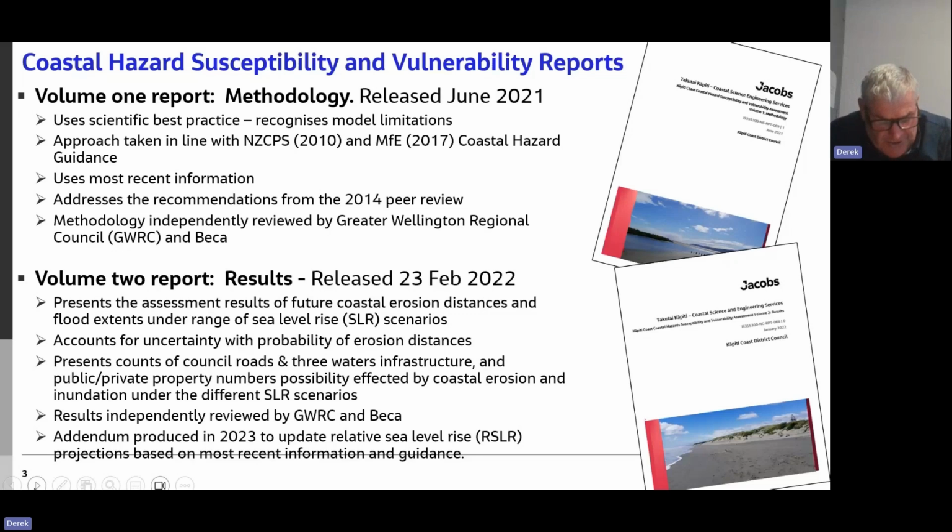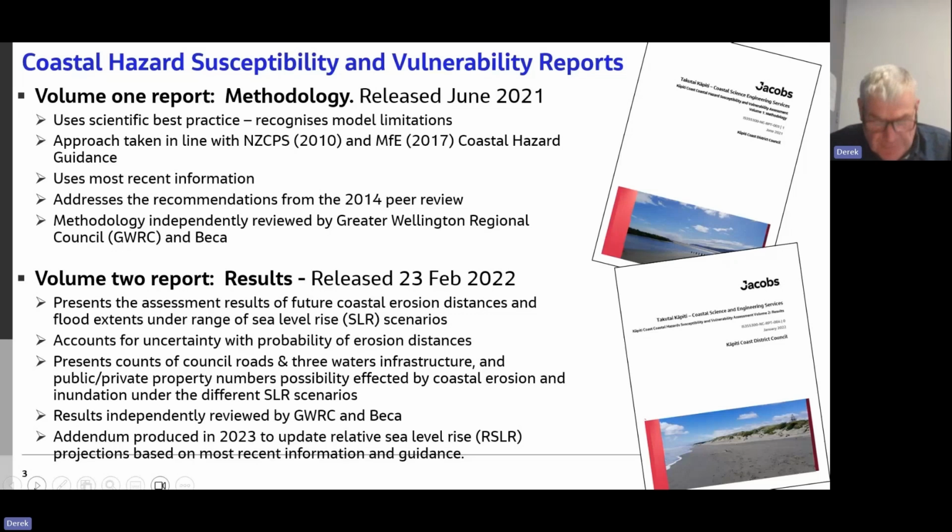For example, sea level data has been updated from what was used in the report, and the projections have been updated by the IPCC, which is the Intergovernmental Panel on Climate Change, an international panel of hundreds of scientists working on global information on what's happening with our climate and therefore what's happening with our sea levels.